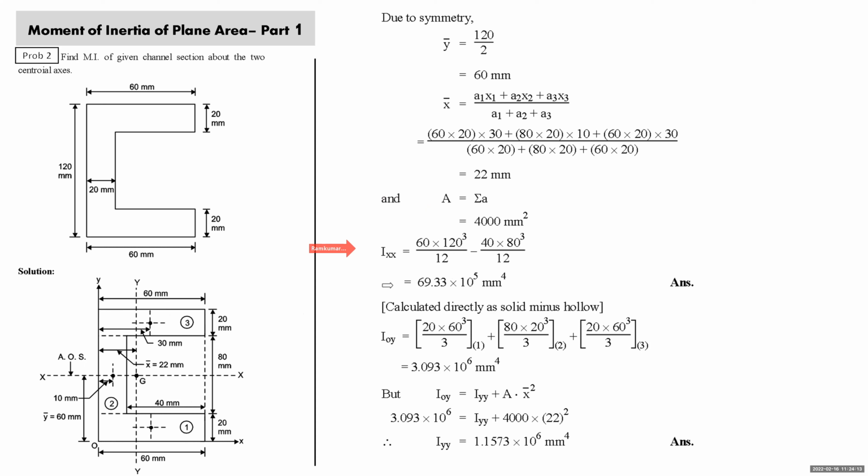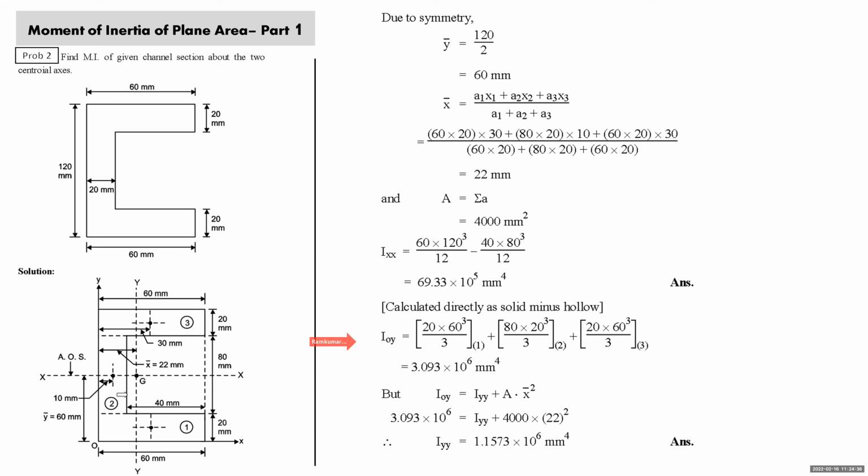All right, calculated directly as solid minus hollow. Now the question comes, this solid minus hollow for a centroidal axis can be done when? When for the composite area, the actual centroidal axis and the centroidal axis of the solid part and of the hollow part are coincident. Then only this way you can directly do it, solid minus hollow, otherwise no.